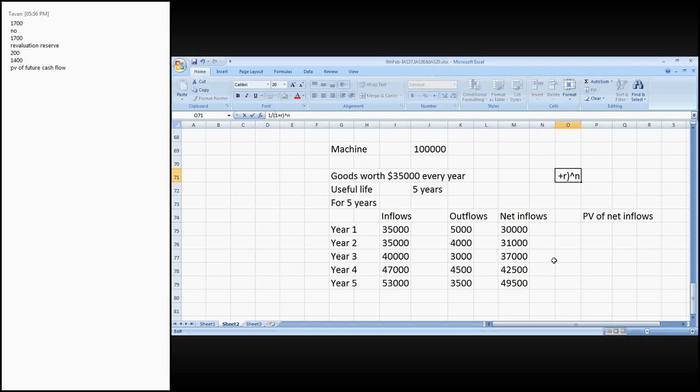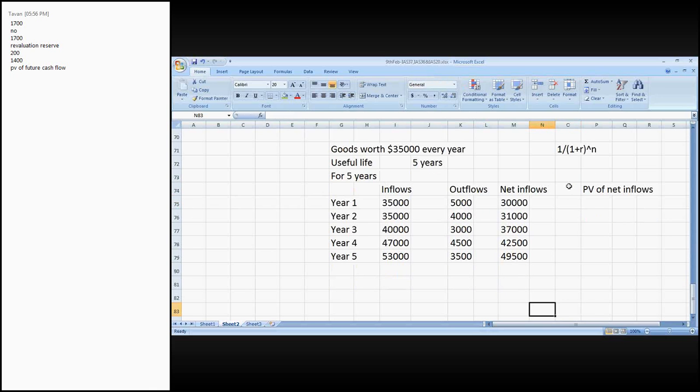So at the rate of 10% for 1 year, the annuity table is provided to you in the examination. At the rate of 10%, it will be 1 divided by 1 plus R, that is 1.1, raised to power n.